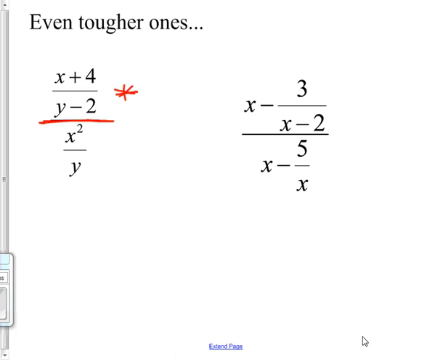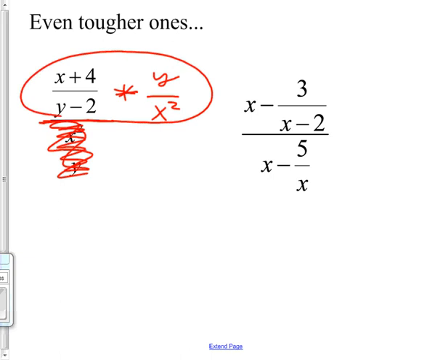All right, so if you were paying attention on that part, you know that it's y over x squared that I'm going to multiply by now. Oh, here's my new problem. And now on the top, hopefully you know that there are parentheses here and here. Anytime you have a fraction, there are invisible parentheses there.